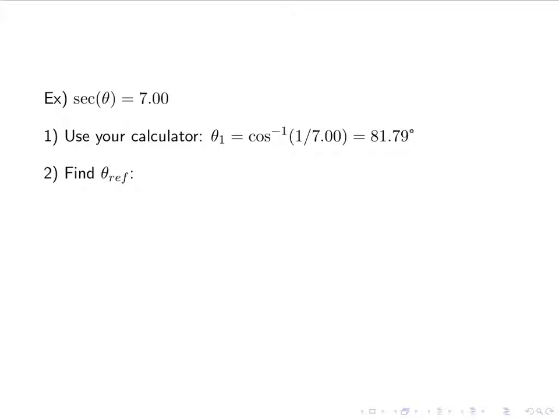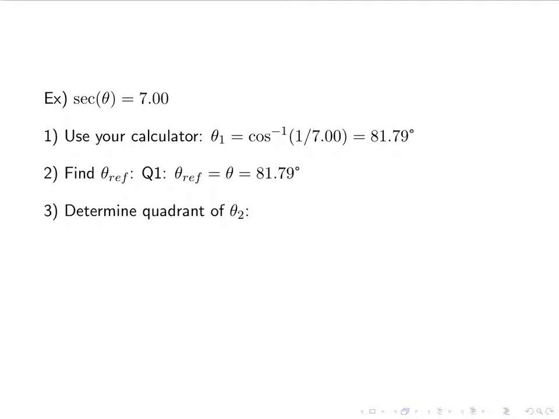We're going to have to find our reference angle. 81.79 is quadrant 1, which means theta reference is the theta. So my reference angle is also 81.79 degrees. Then we need to determine the quadrant of theta 2. So don't forget, secant's 1 over cosine. If cosine's positive, secant's positive. If secant's negative, cosine's negative.